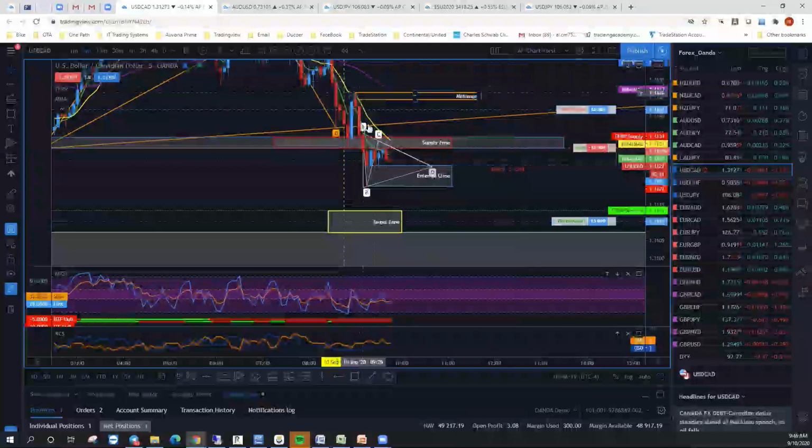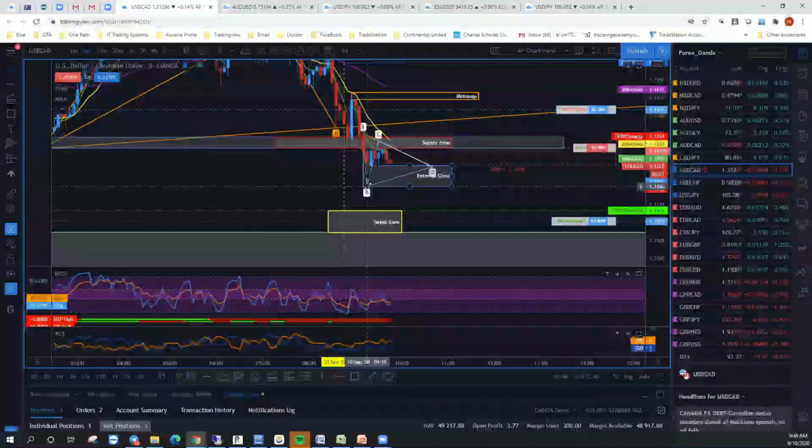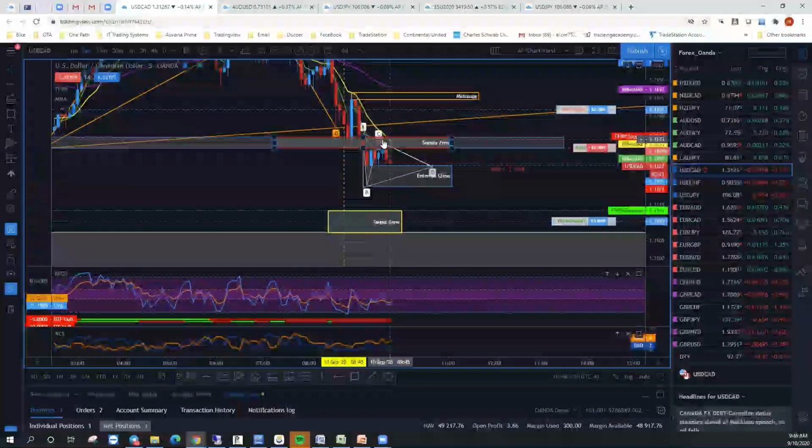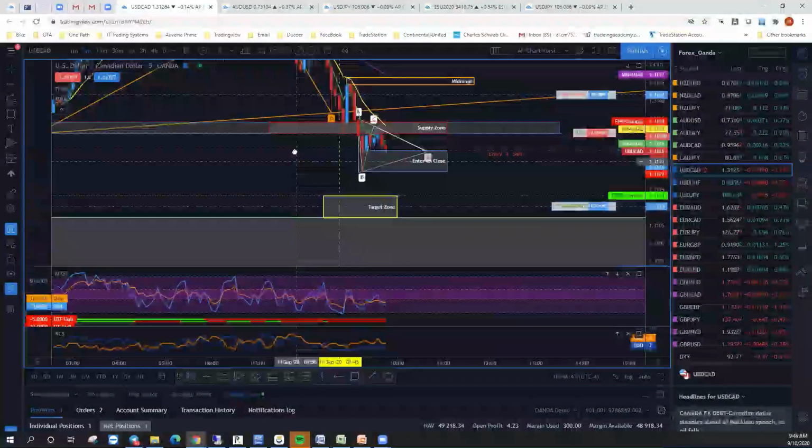That's where the buyers came in to drive it down. That's as high as this blue candle could go before it lost control. When that blue candle got violated and closed below it, that's where the buyers lost control and the sellers took over. The buyers came and retested, and they still couldn't push it any higher. Sellers still have control.